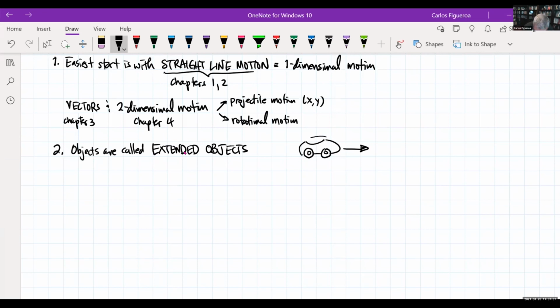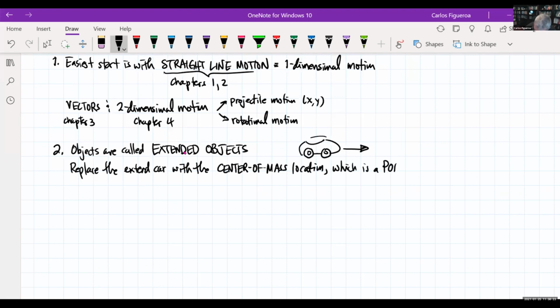What we do is replace the extended car with the center of mass location, which is a point.